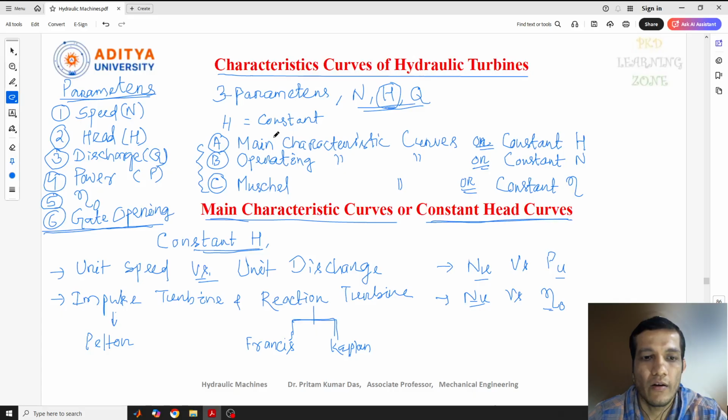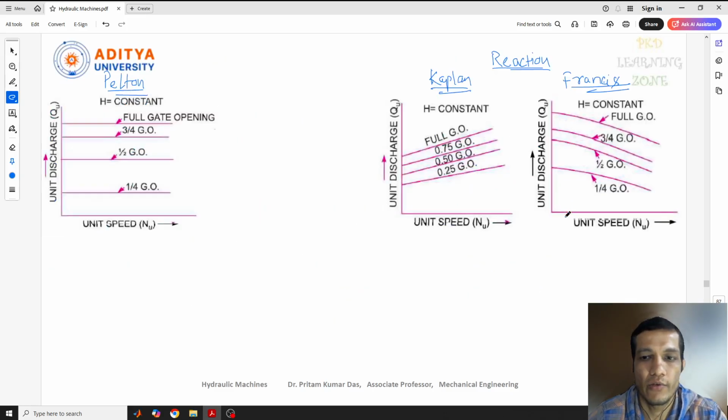What we are going to discuss here today is the main characteristics curves, which is nothing but the constant head curves also. The diagram showing here is for the Pelton turbine, where head H is constant.